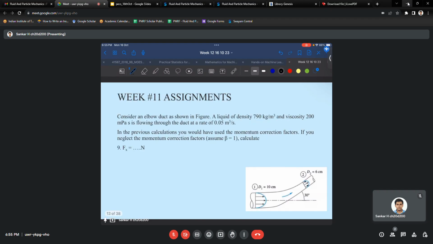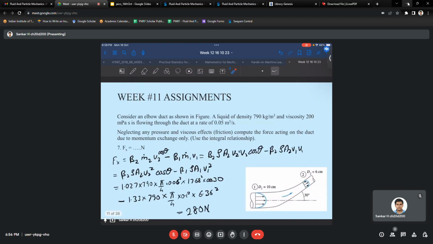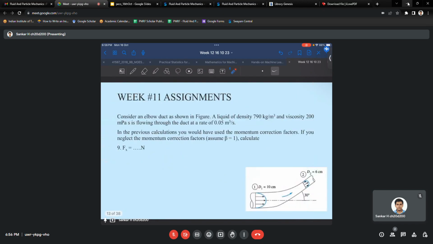Okay, let's move on now. In the previous calculation, you would have used the momentum correction factors as shown here and here. So we have to neglect the momentum correction factors and calculate the value of Fx, which is basically m2 v2 minus m1 v1.